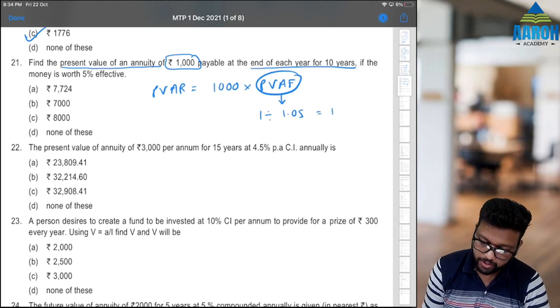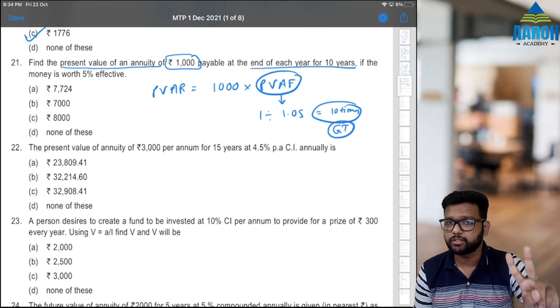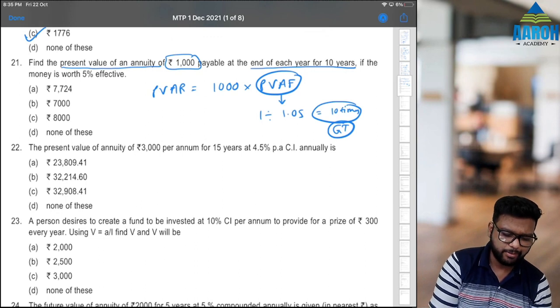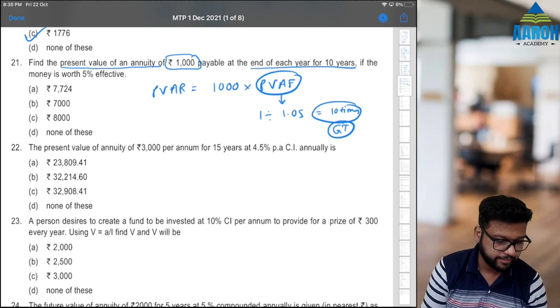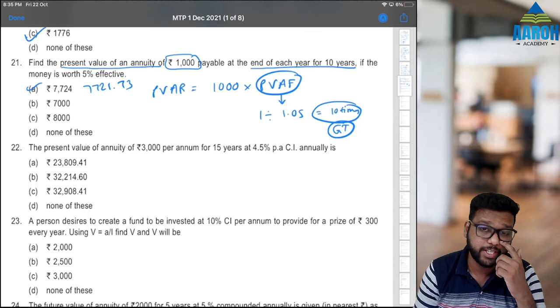Then we press equal to 10 times and then we press GT. If you don't know this, watch the revision lectures or full lectures on the YouTube channel. It will be very useful. So 1 divided by 1.05, then equal to 10 times, GT and multiplied by 1000. That gives us 7721.73. So option A you can tick, it is very close, right? Fine.